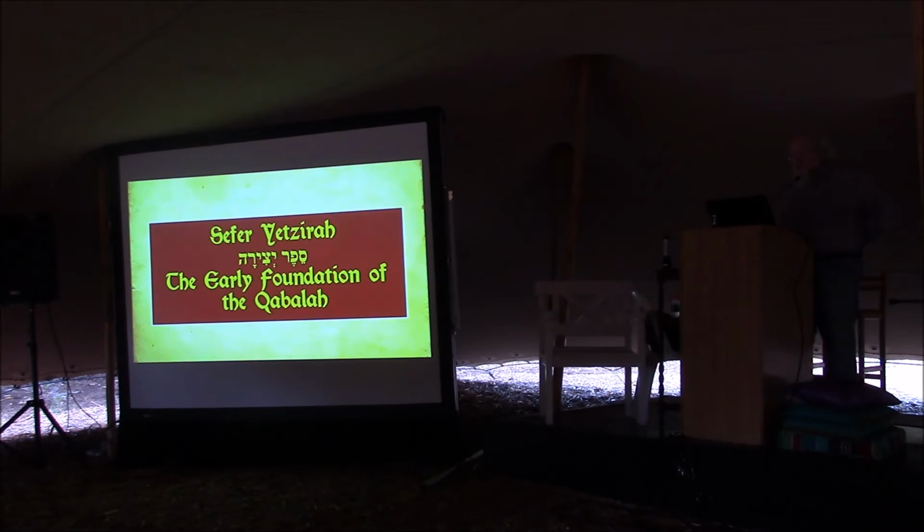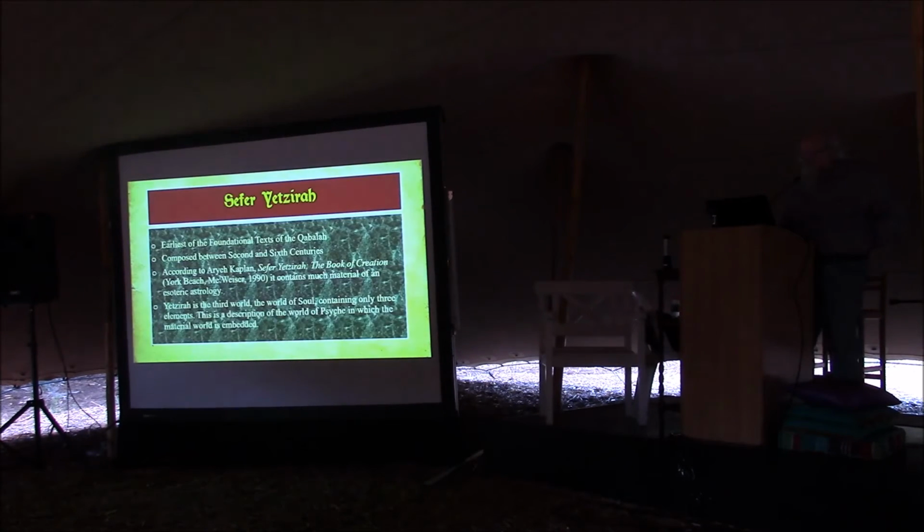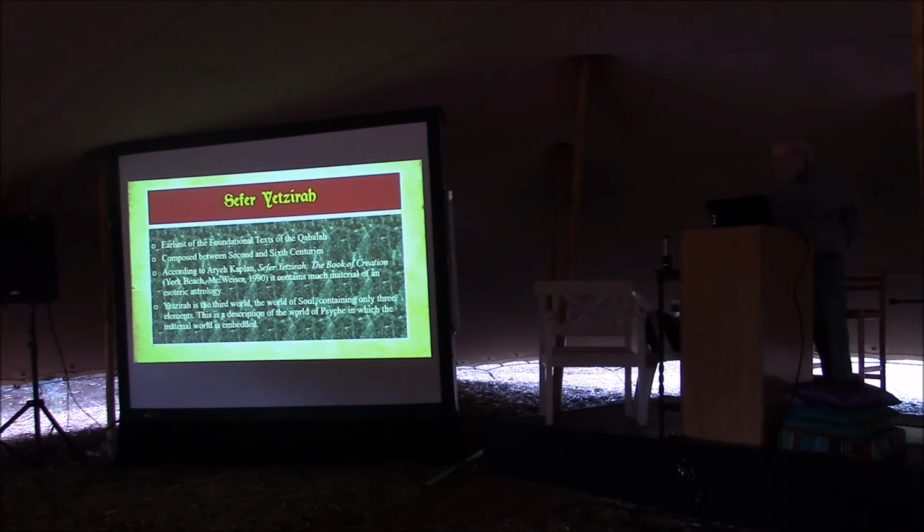So I'm going to call this, even though it's historically questionable, the early foundation of the Qabalah. It's usually described as being part of an intermediate mysticism called the Merkaba mysticism, or the method of the chariot. Sefer Yetzirah is the earliest of the foundational texts of the Qabalah.